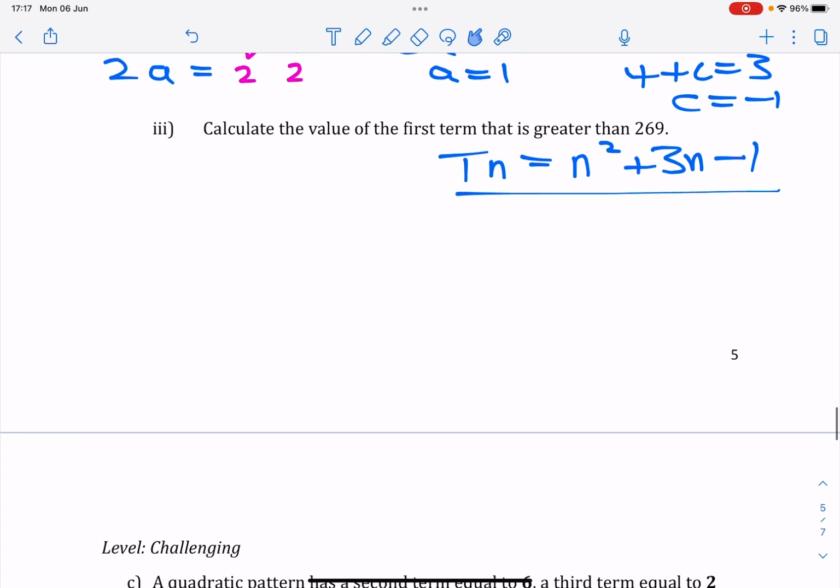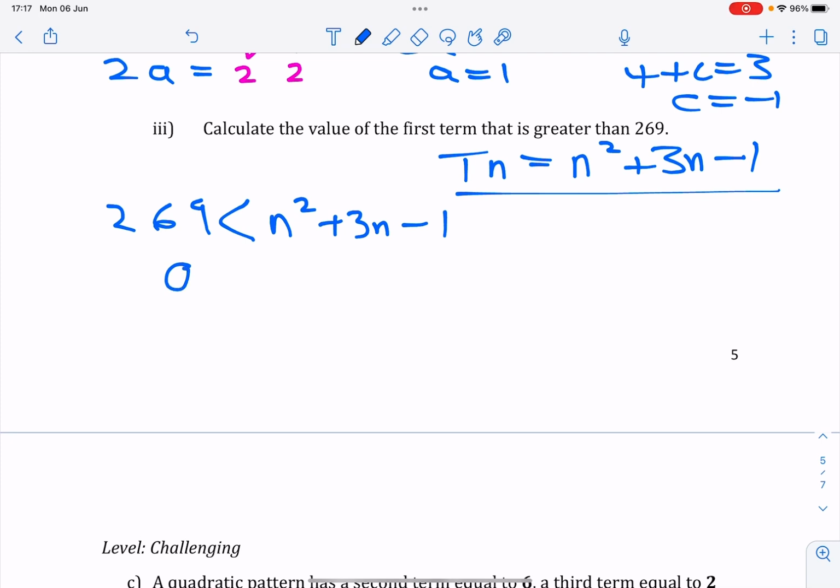Then calculate the value of the first term that is greater than 269. So we can set up an inequality. So 269 is less than n squared plus 3n minus 1. We can then take over that 269, so it becomes minus 270.